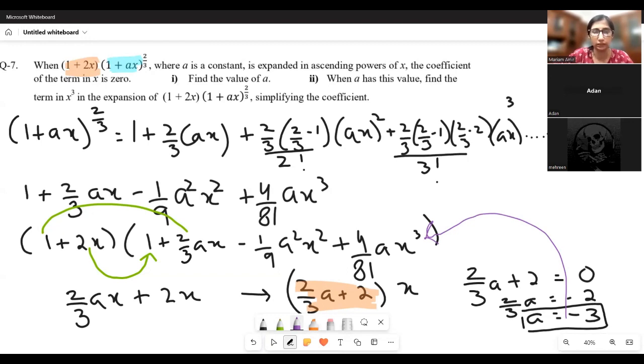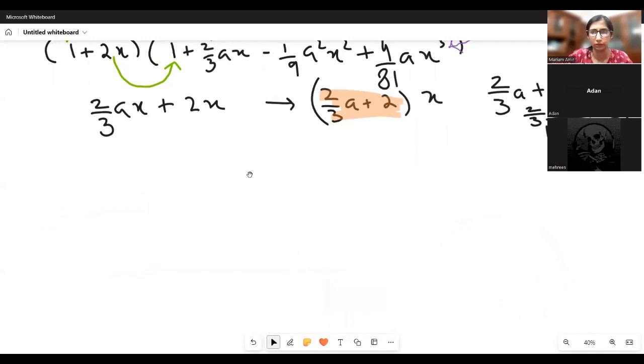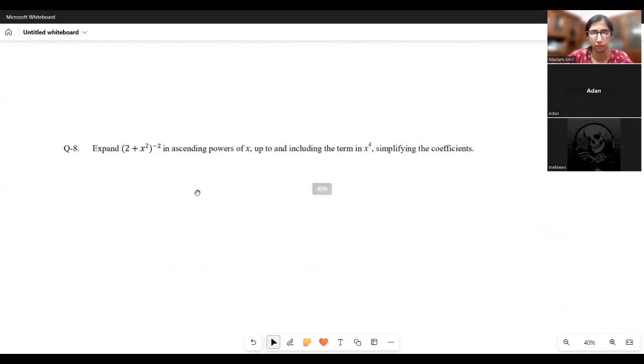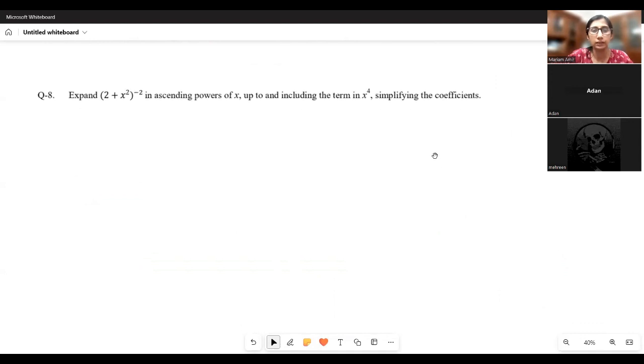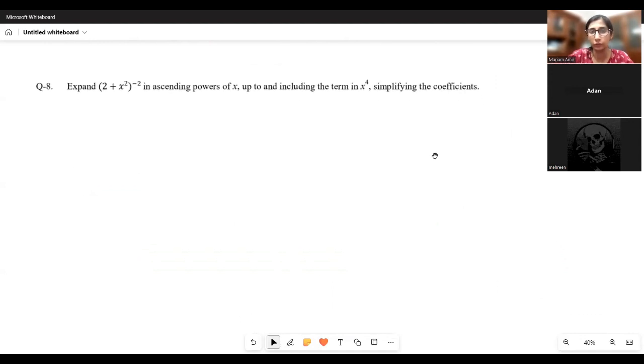Question number 8. Expand this in ascending power of x up to and including the terms x power 4, simplifying the coefficients.